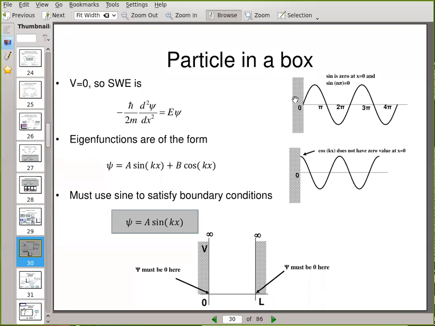So first things first, although cosine works in the Schrodinger wave equation, it doesn't satisfy the boundary conditions. The boundary conditions will only ever be satisfied by the sine function. But be careful, because the sine function at the moment won't work in a molecule of length L.